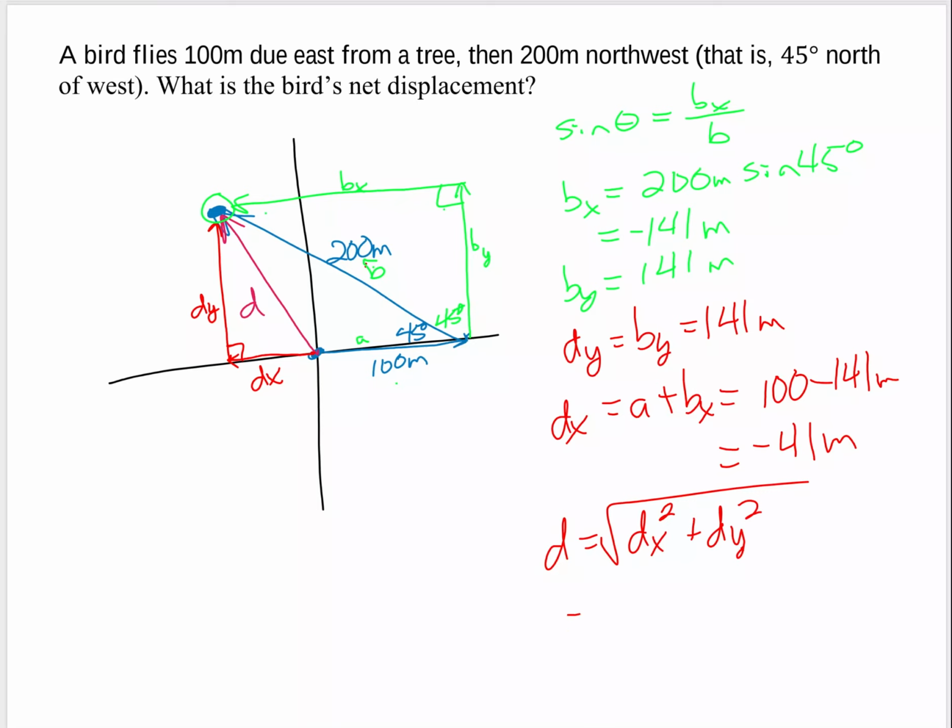And that's negative 41 squared plus 141 squared. What is negative 41 squared? 41 squared is 1681. 141 squared is 19,881. All right, so let's just come up with the answer then.